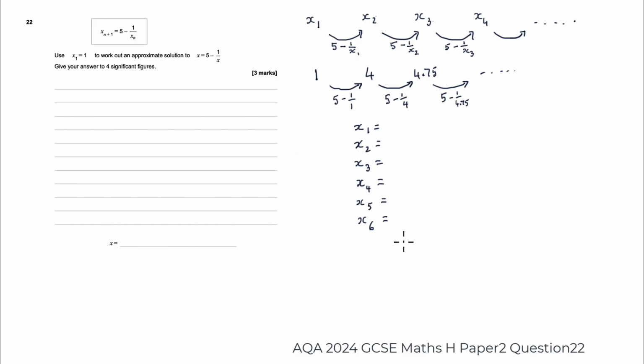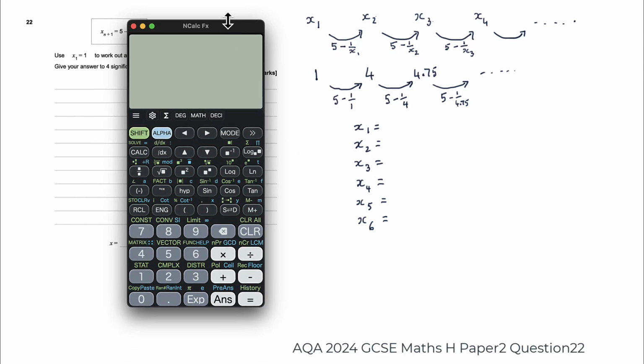So let's bring on the calculator and see what we can do with these calculations. So we start off with 1. Now I will show you a quicker method of doing this on the calculator. Most calculators will manage a quicker method, but to demonstrate this, I'll do each individual calculation.